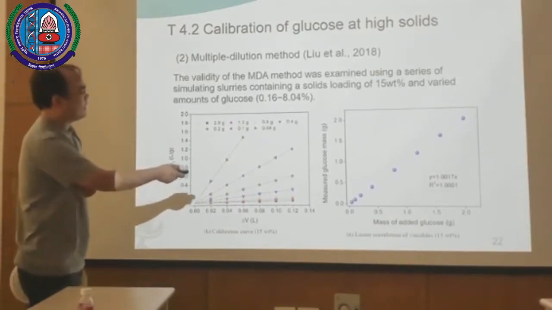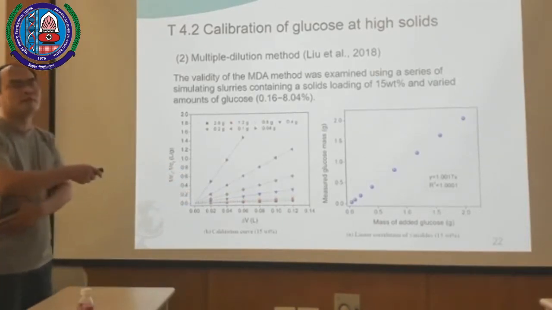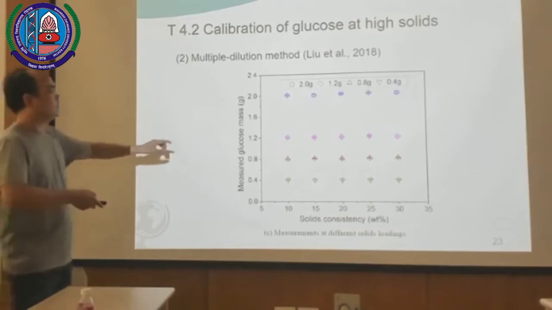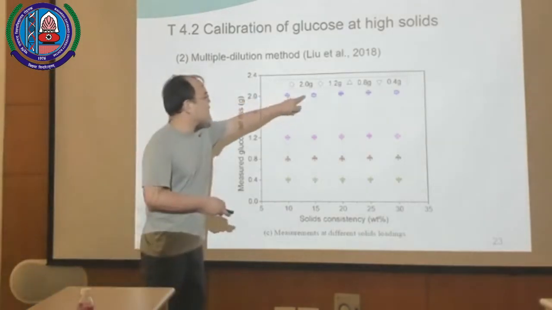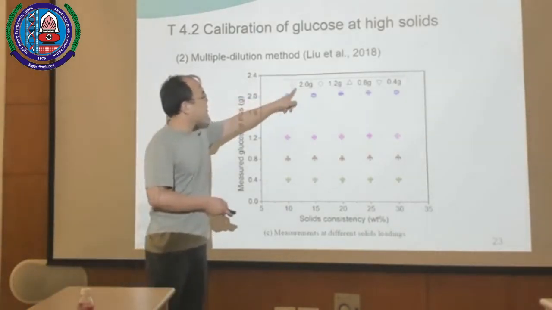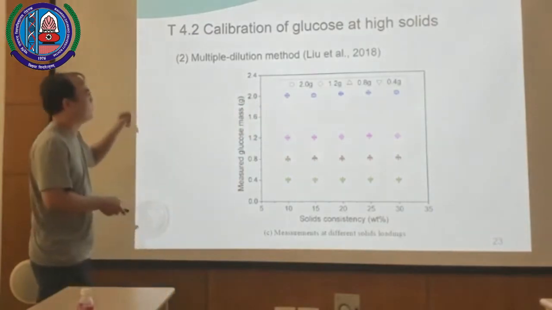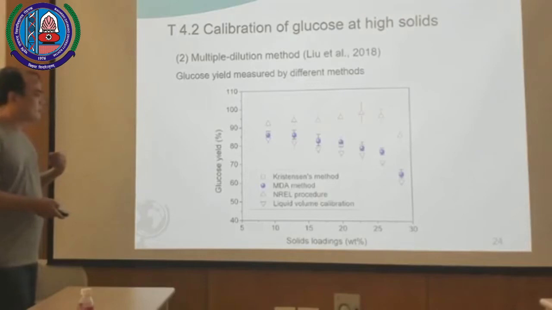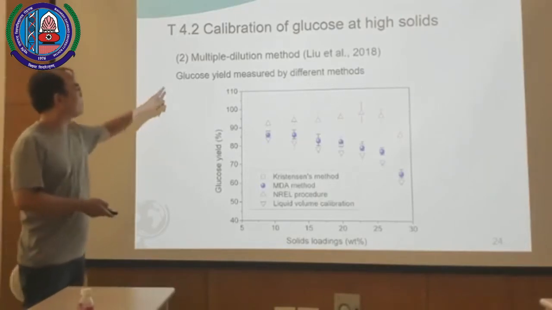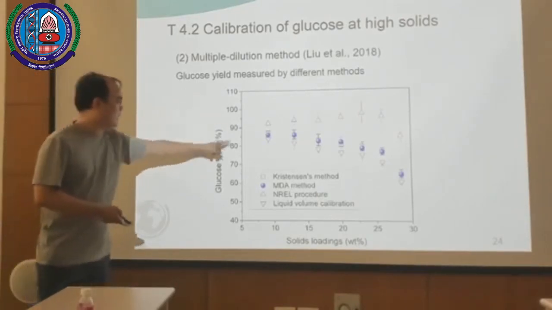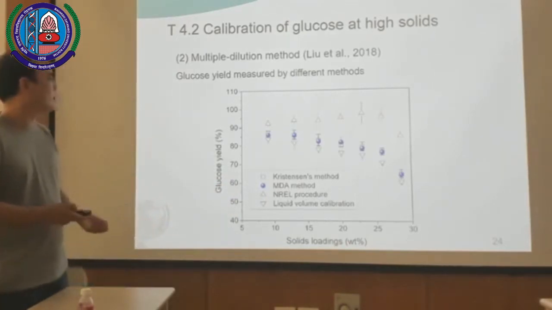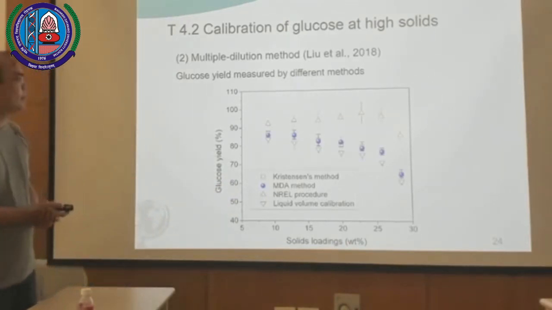The right figure presents the final data from this method. I tested a lot of different slurries with different amounts of glucose added. It fits very well. Then I tested the glucose yield from different solid loadings, high solid analytical hydrolysis of biomass.